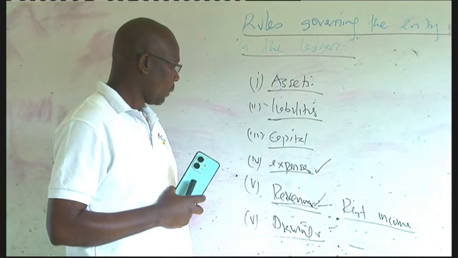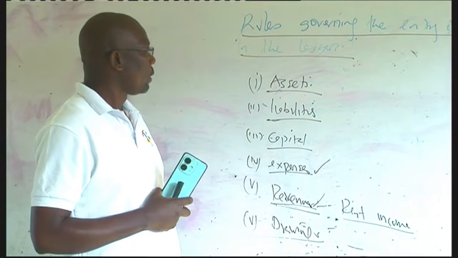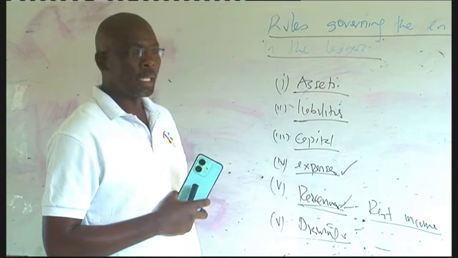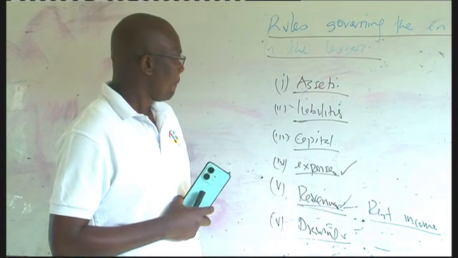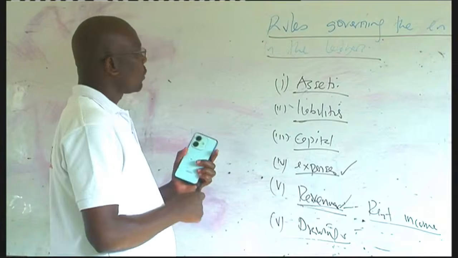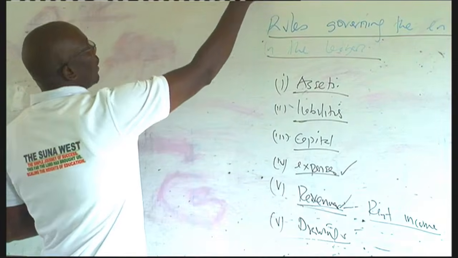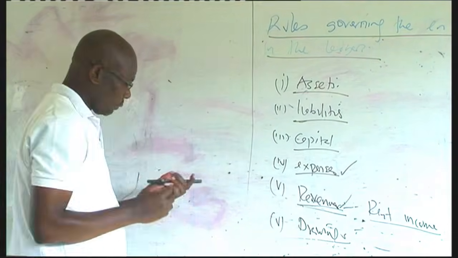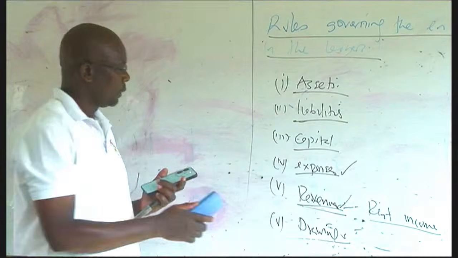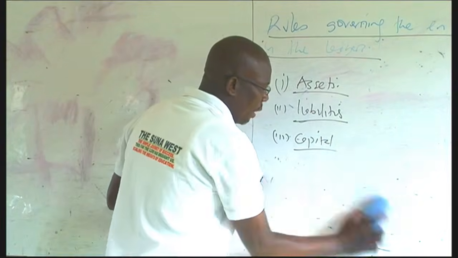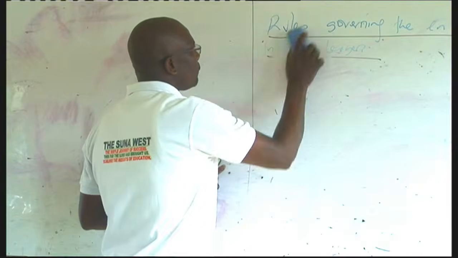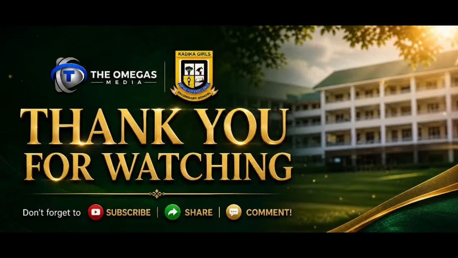I want to go straight to making entries in the ledgers. Now, we will come to a general example, but for now, I will just talk about a few items and how we can make the entries.